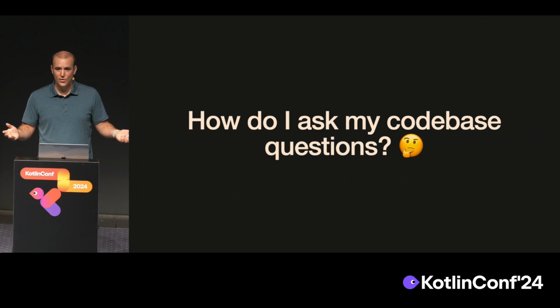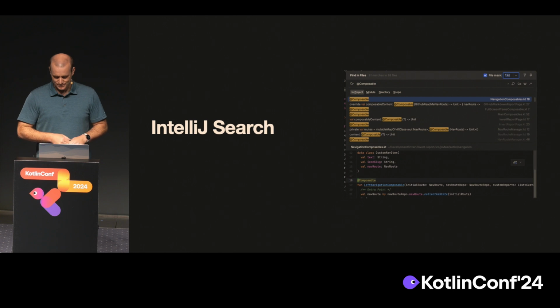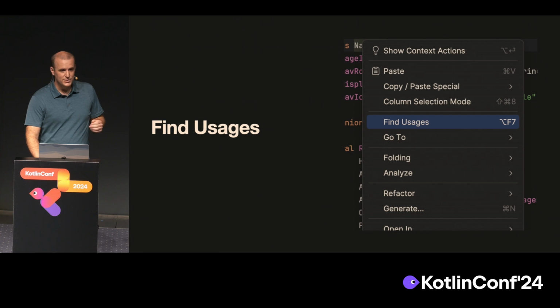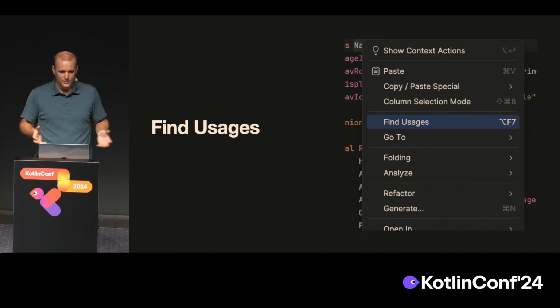We have all this code, and we're running all the static analysis and doing all these things, waiting for our IDE to sync so we can actually ask a lot of questions. Sometimes when we have a question, we just go to IntelliJ search or grep or find, and you just search. But once IntelliJ indexes everything and gains context by parsing the PSI trees and understanding types, we can actually find usages.